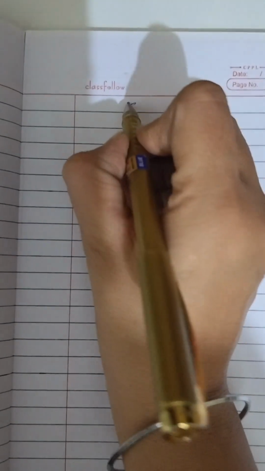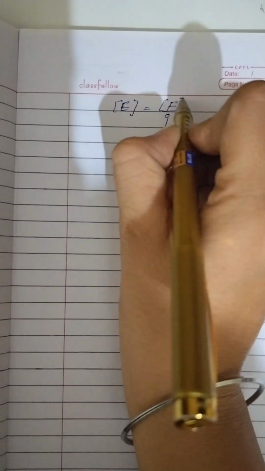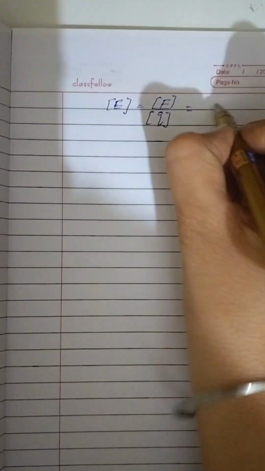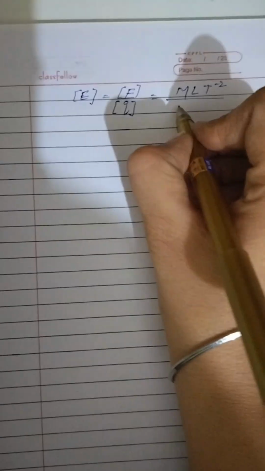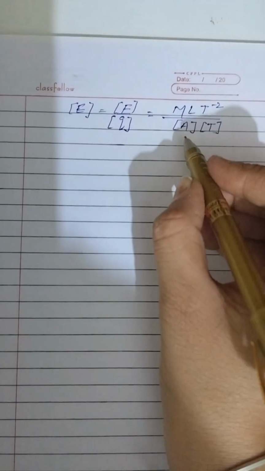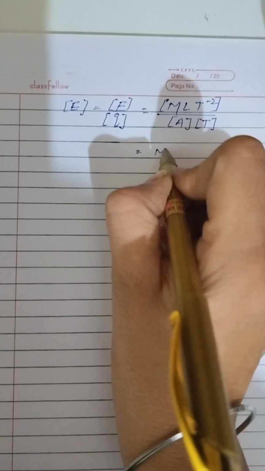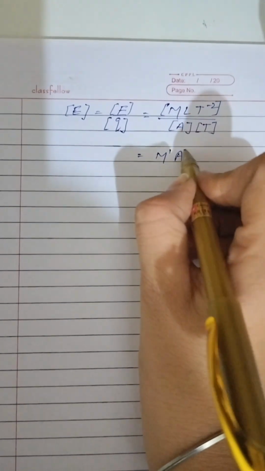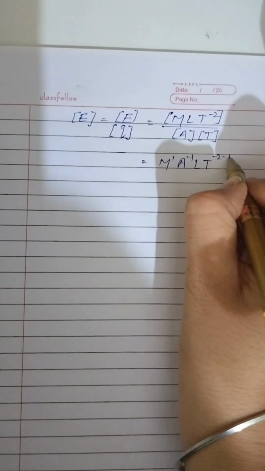The value of Q put in equation number 1. E is equal to F upon Q. As we know already, the value of force is M L T minus 2 upon Q, which is A into T. By solving this value, we got the result as M 1 A minus 1 L T minus 2 minus 1.